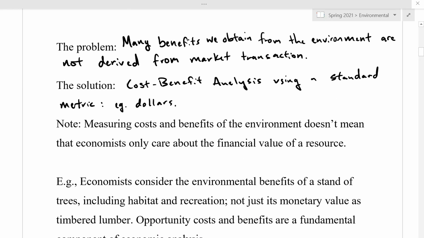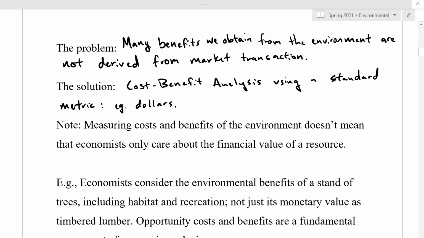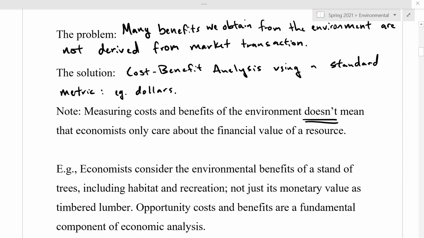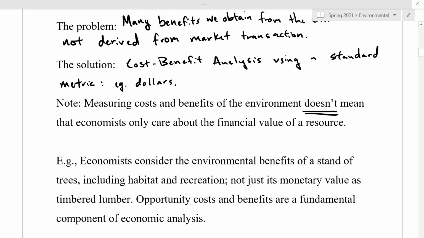And I do want to mention here that we're not just talking about the financial value of a resource. It doesn't mean economists only care about the financial value of a resource. For example, if we're thinking about a forest, you have a whole bunch of trees, and we're going to assign a value to that forest.